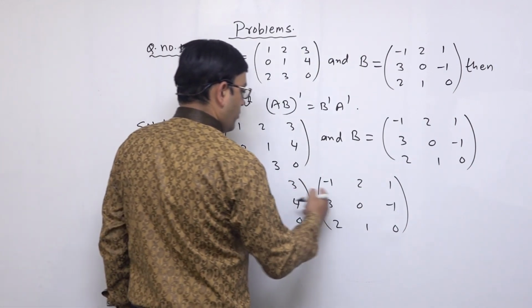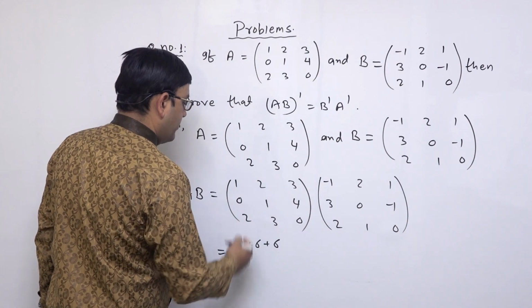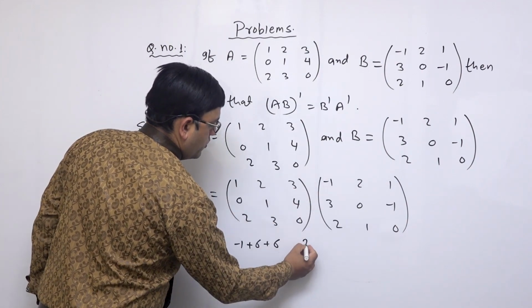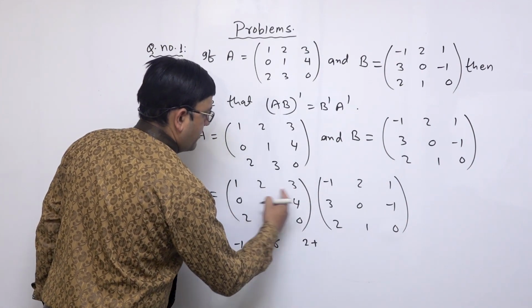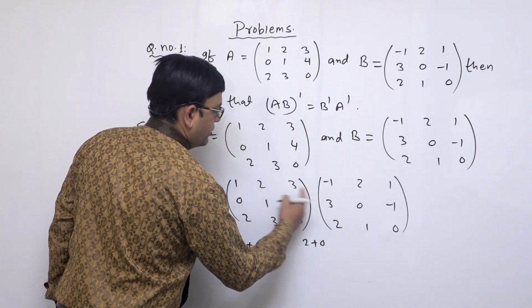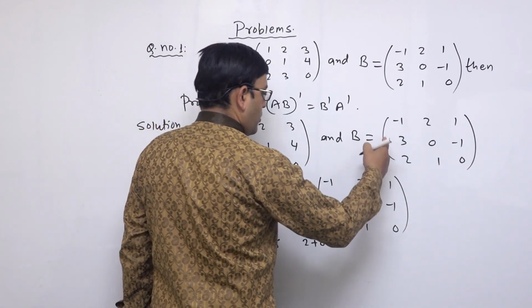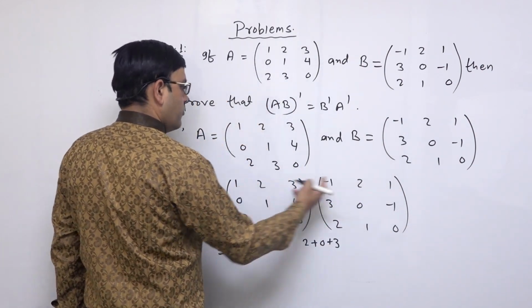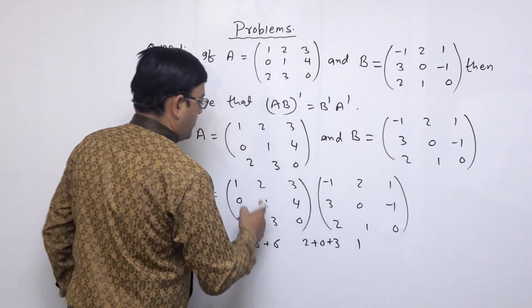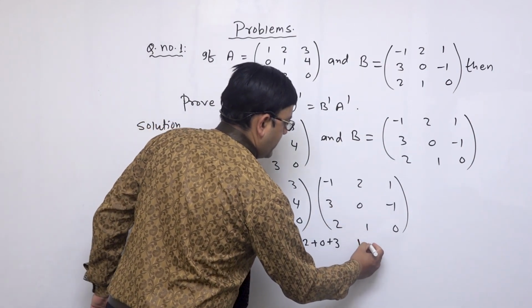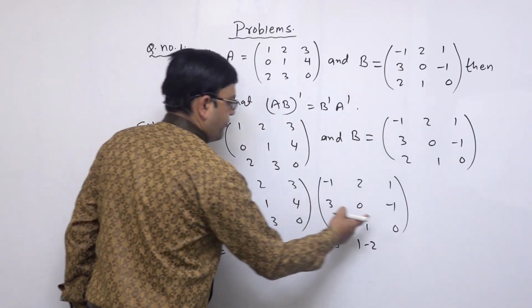Similarly, this row to second column: 1 times 2 is 2, plus 2 times 0 is 0, plus 3 times 1 is 3. Similarly, first row to third column: 1 times 1 is 1, plus 2 times -1 is -2, plus 3 times 0 is 0.